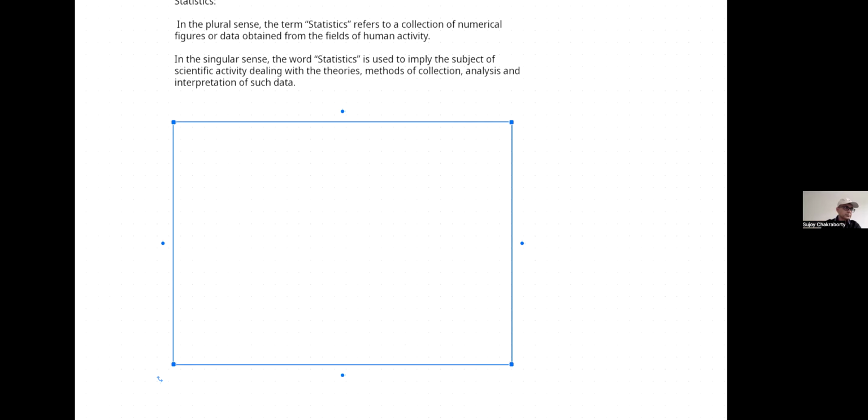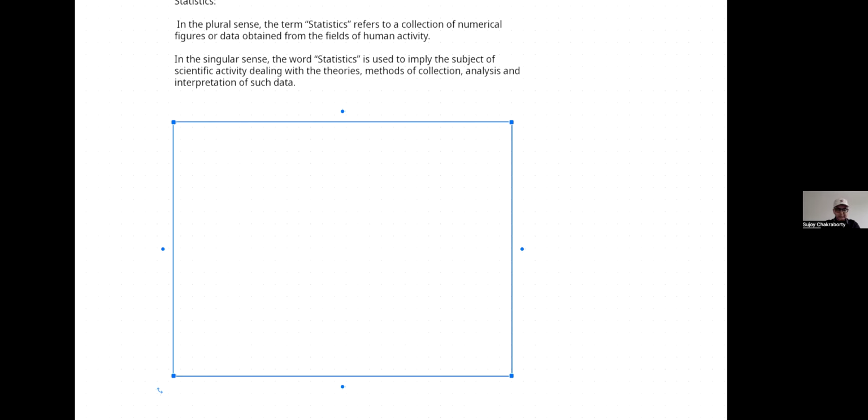And so the statistical methods, if not applied in the proper perspective of the collected data, may lead to false conclusions. So we have to be very careful about how we apply the data that we collect and analyze, right?